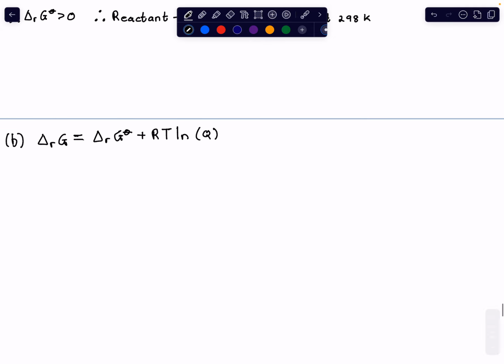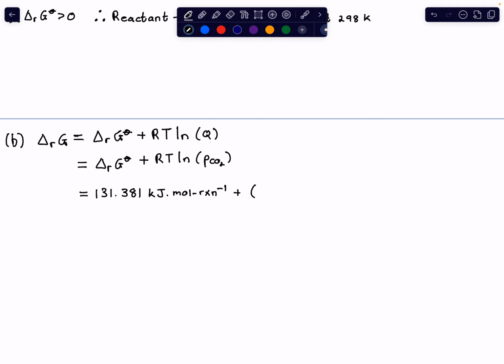All right, so we can write it as follows. It's the standard Gibbs energy plus RT ln of the partial pressure of CO2. All right, and now we can just put in our values, because this we know is 131.38 kilojoule per mole reaction, as we just calculated.